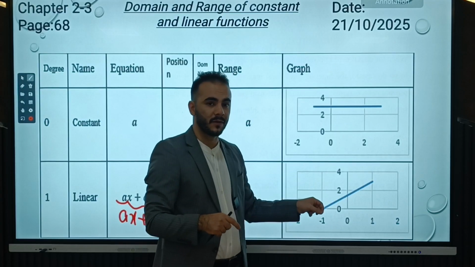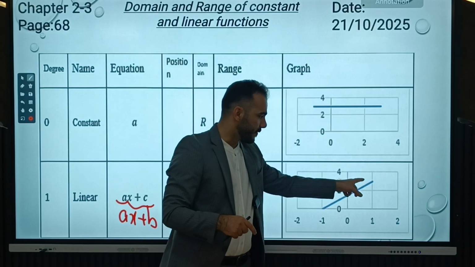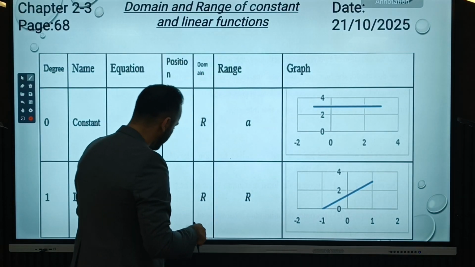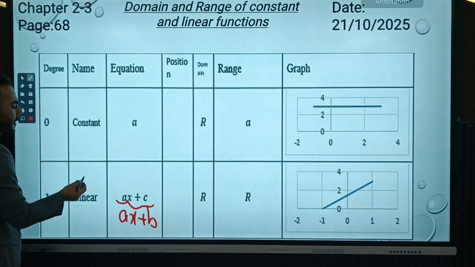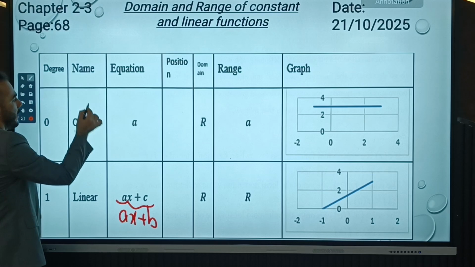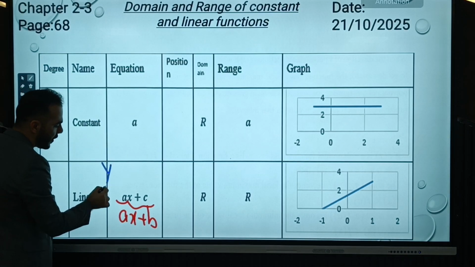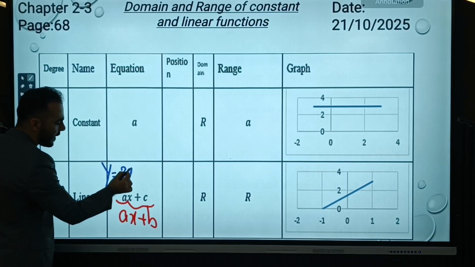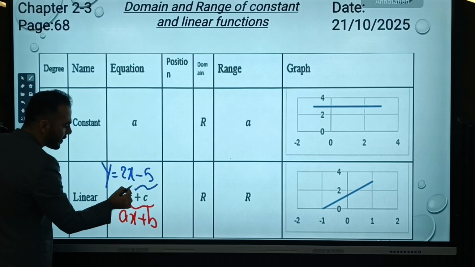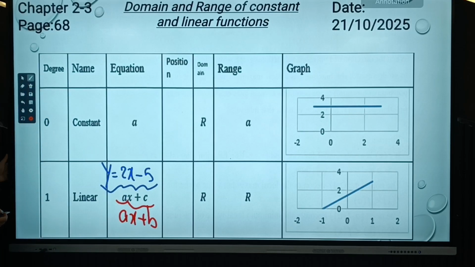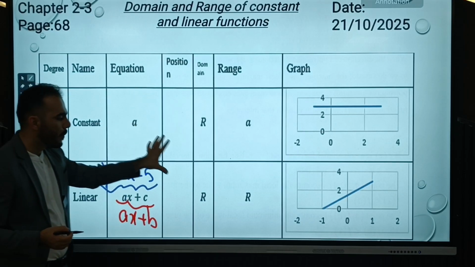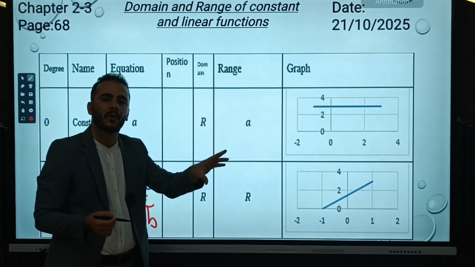So imagine that you have got a linear function. Let me just give you one example here. Let's say we have y equals 2x minus 5. That is a linear function. For a linear function, the domain and range, both of them, are always all the real numbers. That's it.